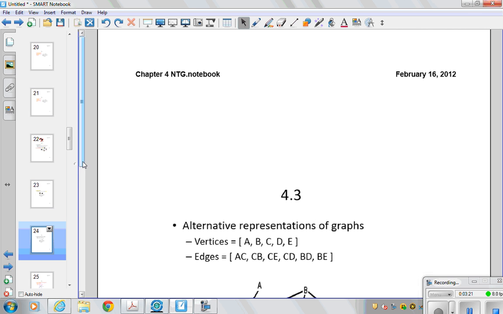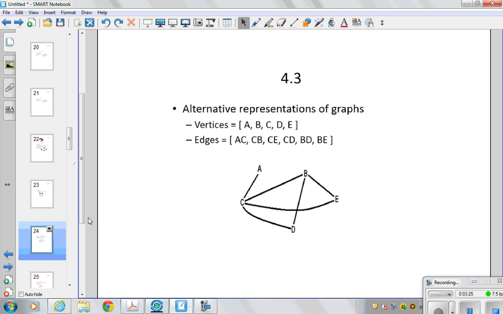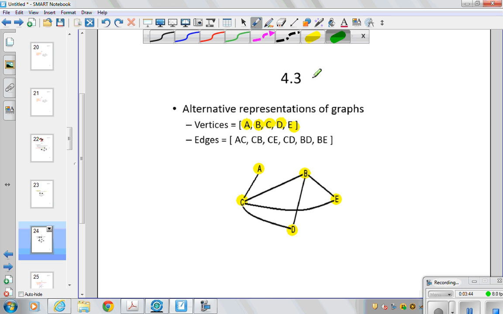Now what we're going to be talking about is how to create a graph. The way that you are given in this example is a list of all the vertices and all the edges. This is actually kind of an easy concept to understand. Notice that all the vertices A, B, C, D, and E are all represented on the graph itself. Another thing I want you to take notice of is the edges.